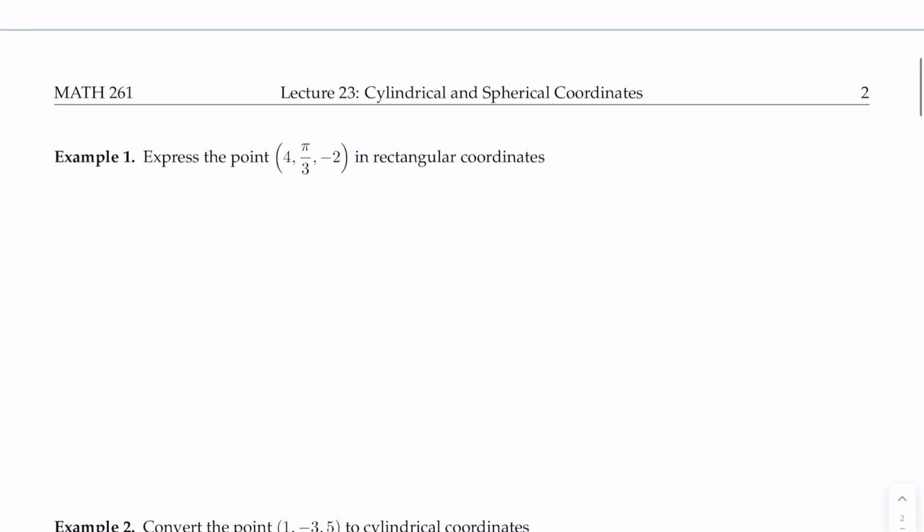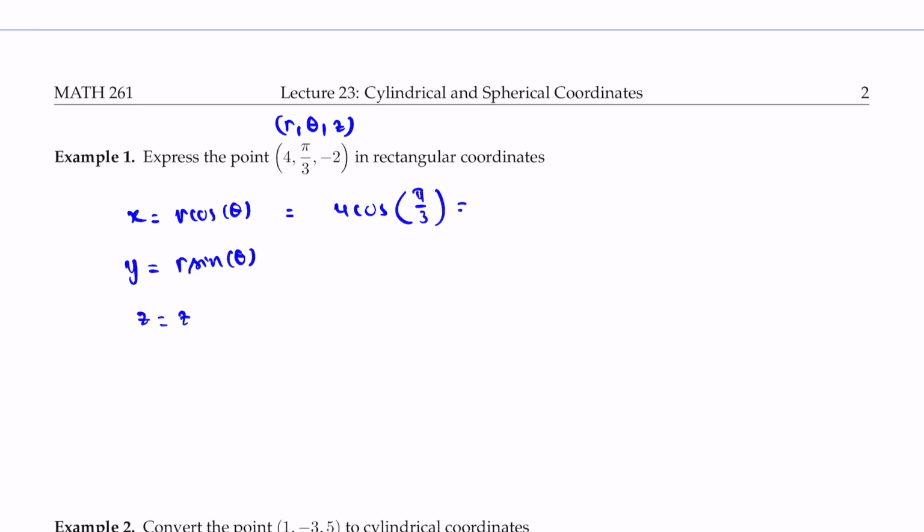You want to convert the point of the form 4, pi over 3, and negative 2 in cylindrical coordinates to rectangular coordinates. So the point given to us has the form r, theta, z. To convert this into rectangular coordinates, you use x equal to r times cosine of theta, y equal to r times sine of theta, and z equal to z. For r equal to 4 and theta equal to pi over 3, you get 4 times cosine of pi over 3, or 4 times 1/2, which is equal to 2.